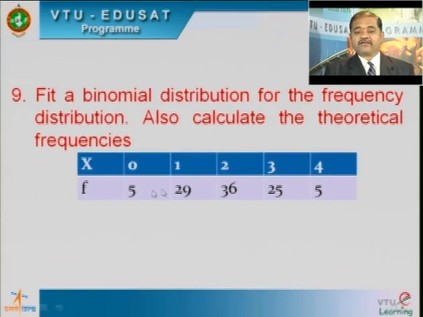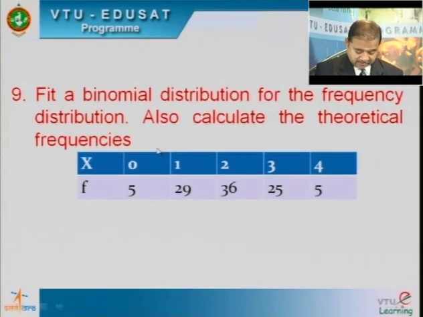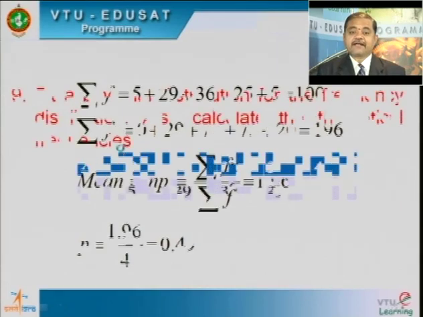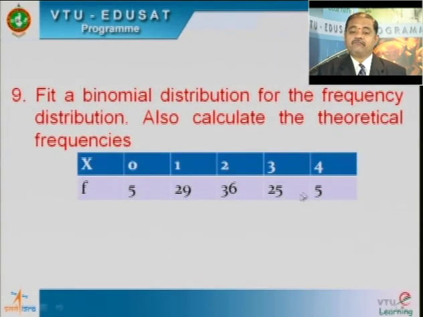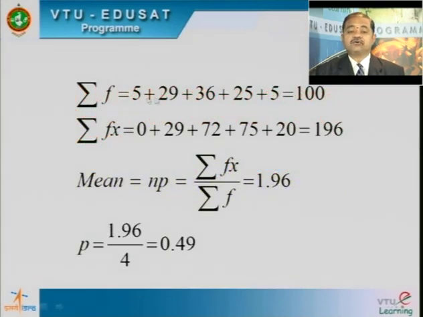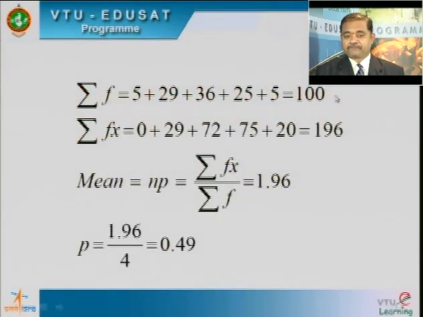Then these all are the frequencies. First I should find sigma f, that means the total value of f. Just add the frequencies 5, 29, 36, 25 and 5, you get 100.